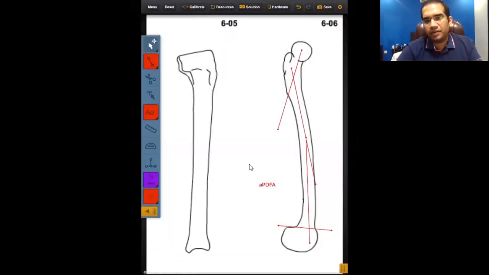The reference point you take in the proximal femur is basically the neck shaft angle, and the main thing you need to see here is the mid-diaphyseal angle and the posterior distal femoral angle. As we move to the later section, when I show you different cases, it will become clearer.